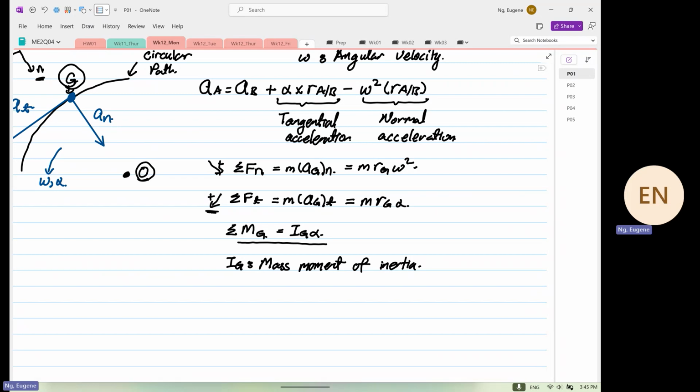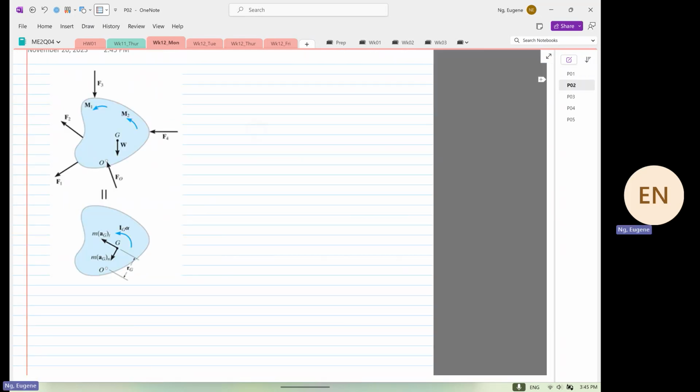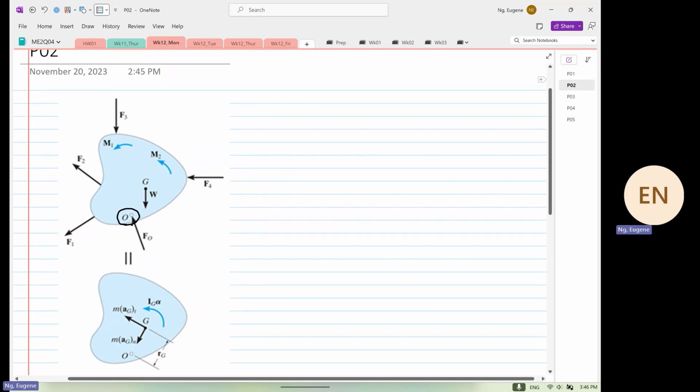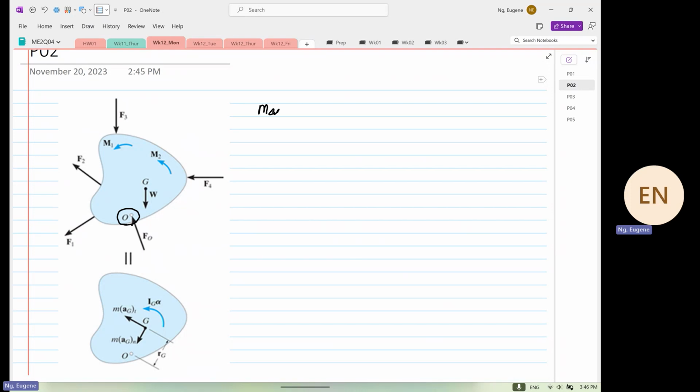Point G. Now, if we were to take the mass moment of inertia from point O, how does it look now?